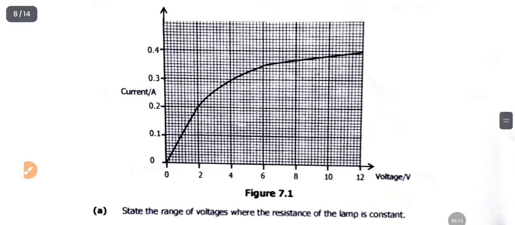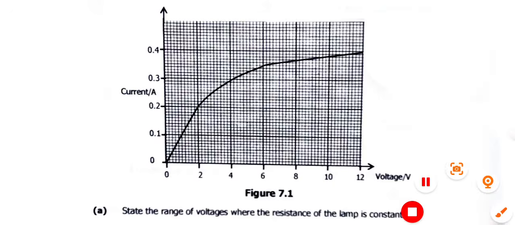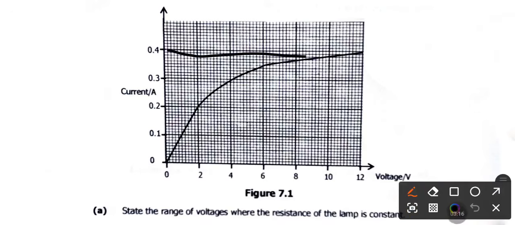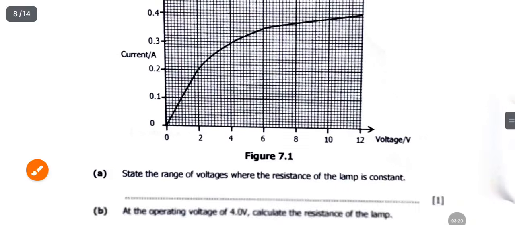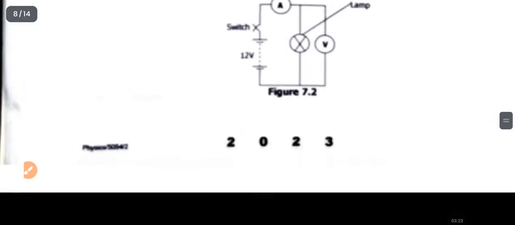From the graph, when current is 0.4, the voltage is 12 volts.